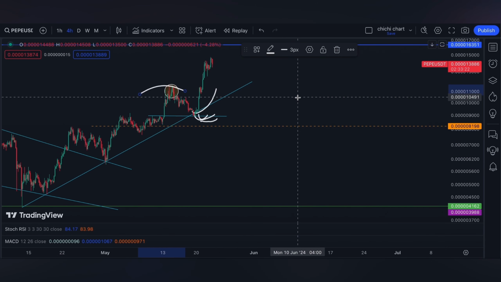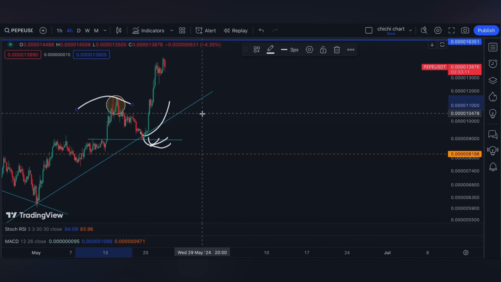But anyway, Pepe being built on Ethereum blockchain, it looks like it did its bounce when we had the news about possible approval of spot Ethereum ETF.